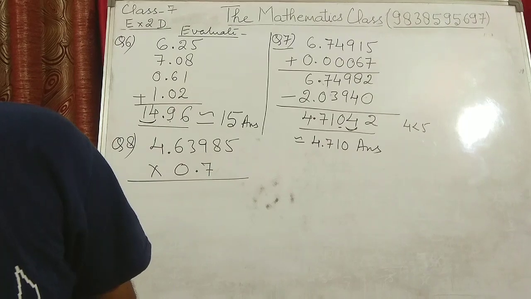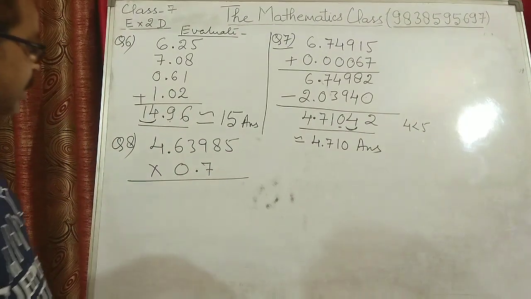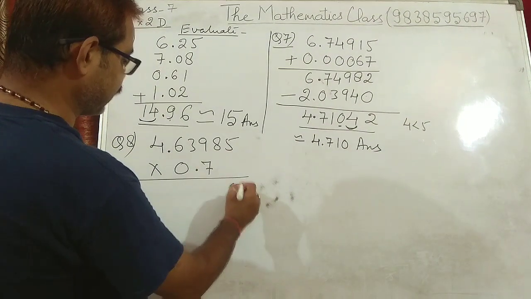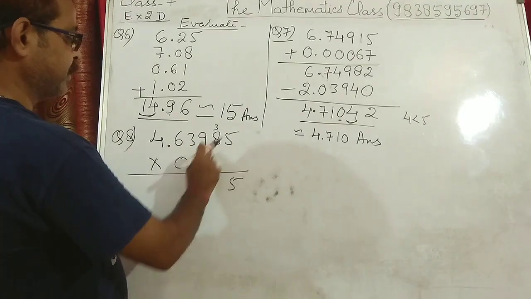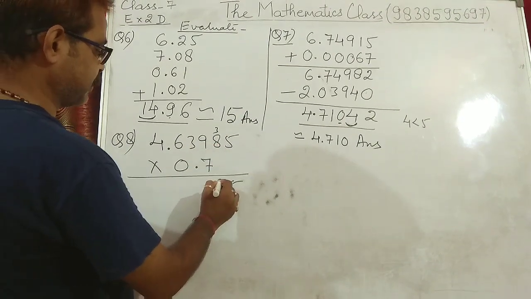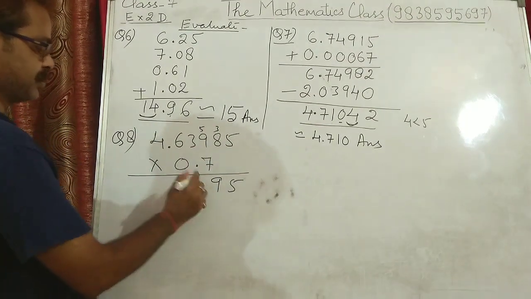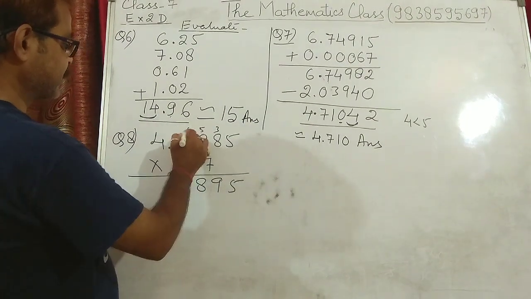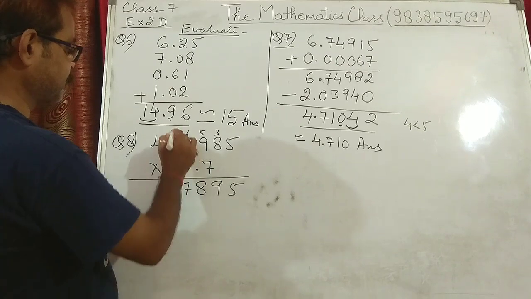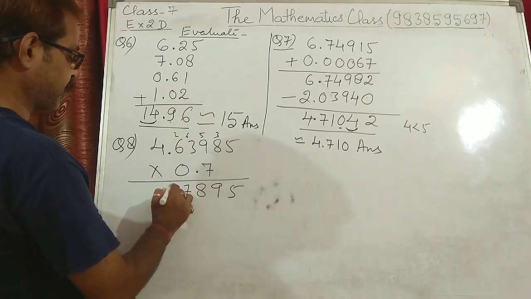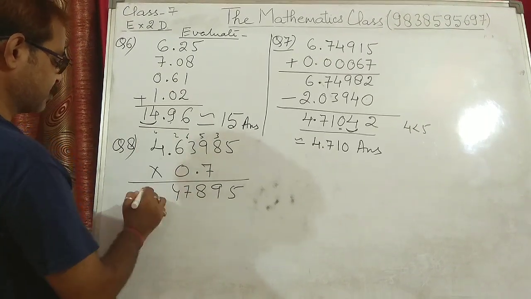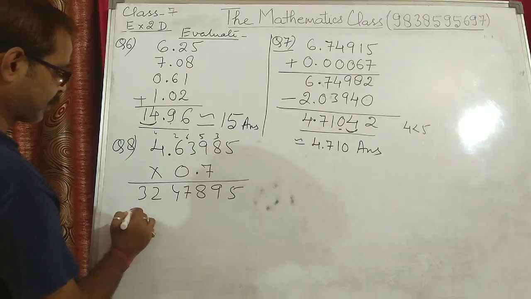So when you multiply, 7 fives are 35, 3 carry, 7 eights are 56 and 3 is 59, 5 carry, 7 nines are 63 and 5 is 68, and so on.